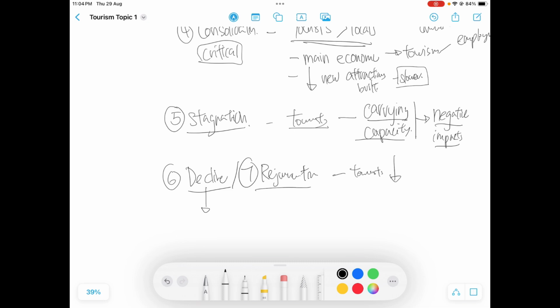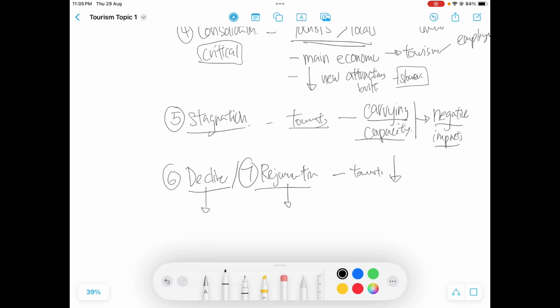And there's an example of Blackpool in your textbook. And if there is a rejuvenation, the example is Blackpool again, trying to rebrand itself, trying to redevelop itself.